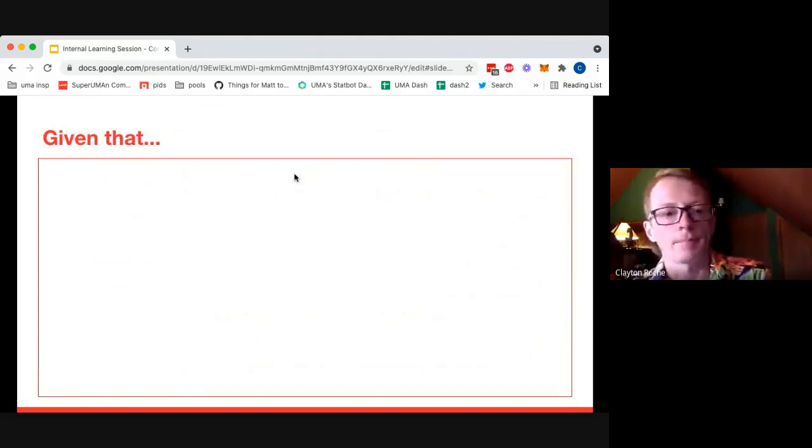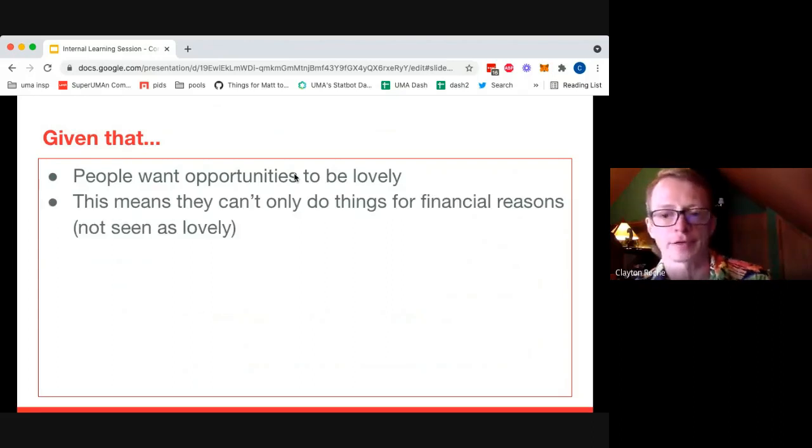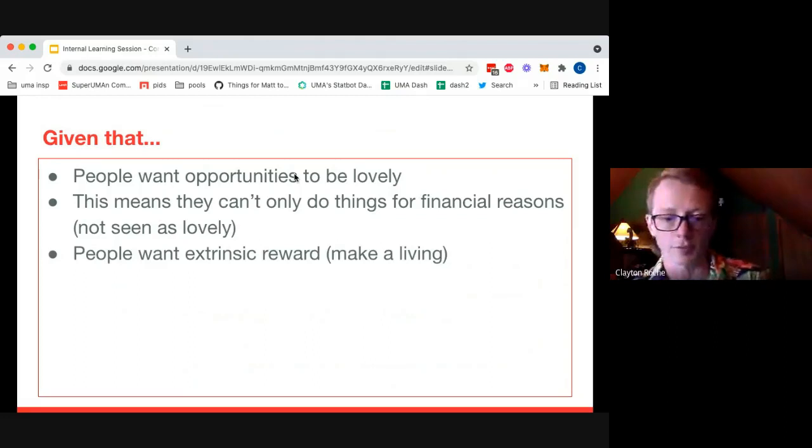So I'm going to do a little review here. Given that people want opportunities to be lovely, this means they can't only do things for financial reasons. If you're doing things for just financial reasons, it's not seen as lovely. It's seen as extrinsically motivated. However, people want extrinsic reward. They need to make a living.